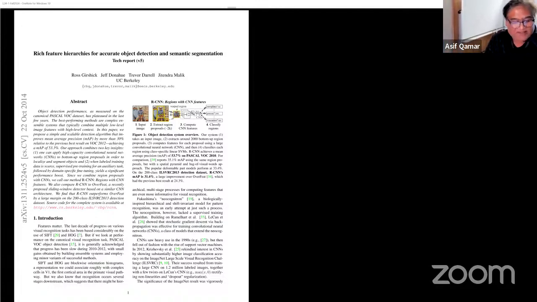Okay, so let's read the abstract. Object detection performance. What is object detection? Let's unpack this paper slowly. Just to set the vocabulary, it is in a way recognizing that that's a cow in the picture.